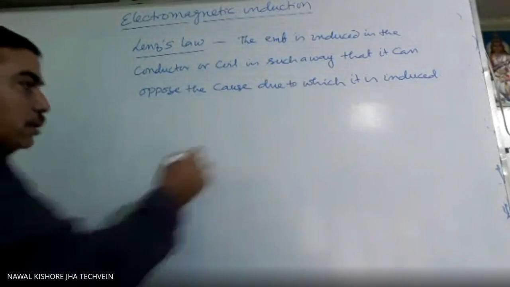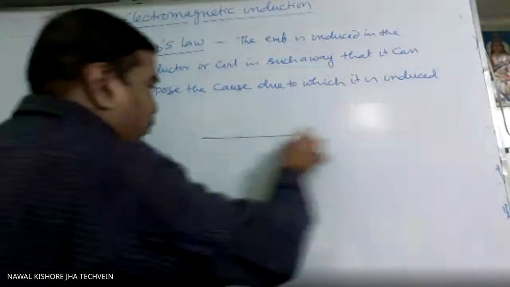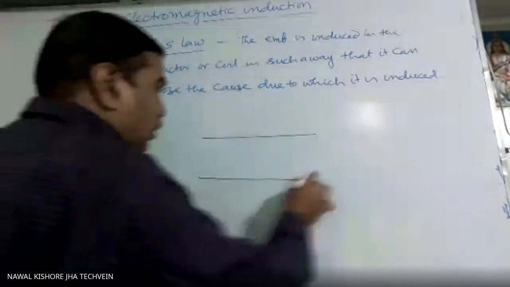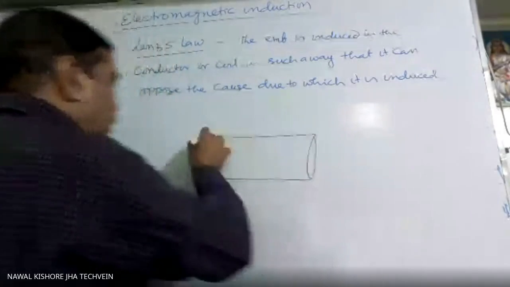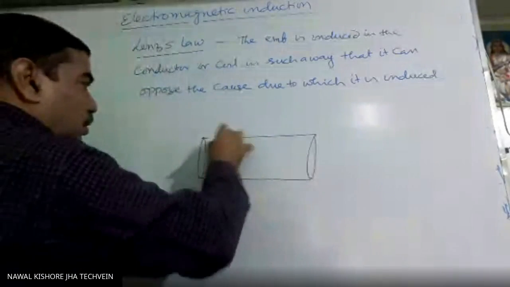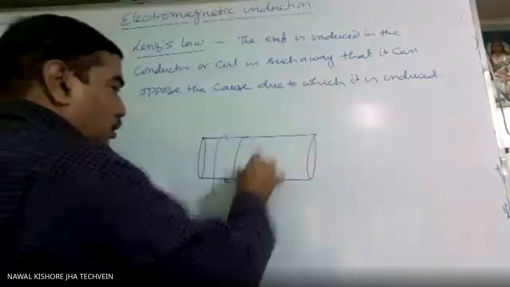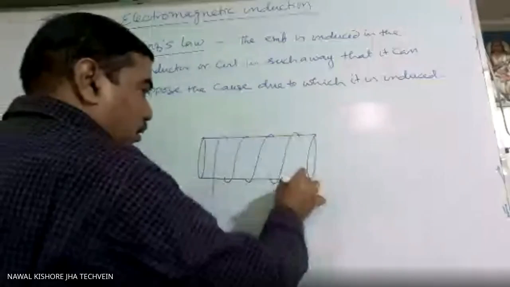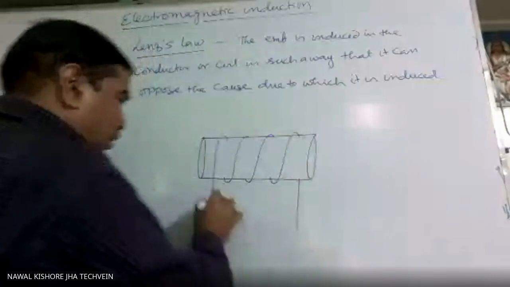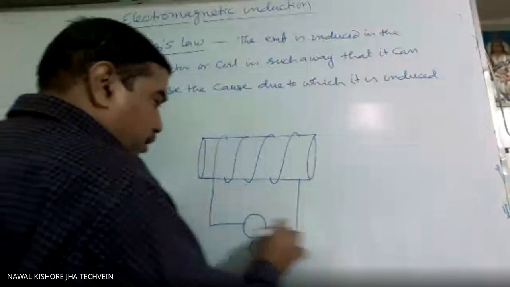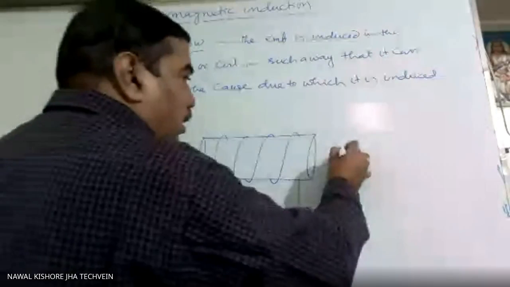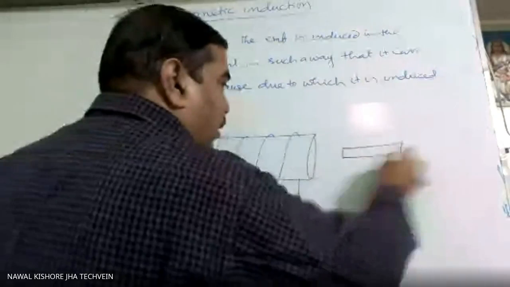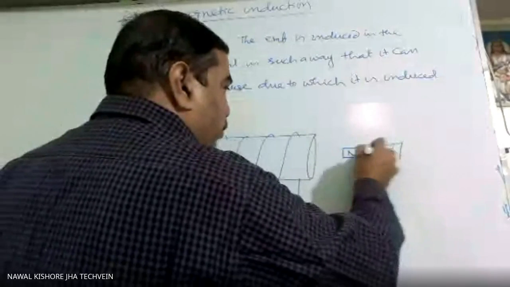What does it mean? So come to the same experiment what we have done previous one. Suppose there is a solenoid, so a galvanometer is connected between these two, and this magnet was moved.